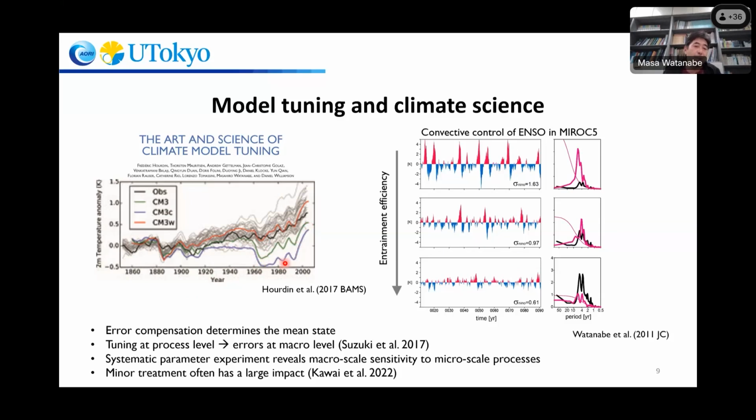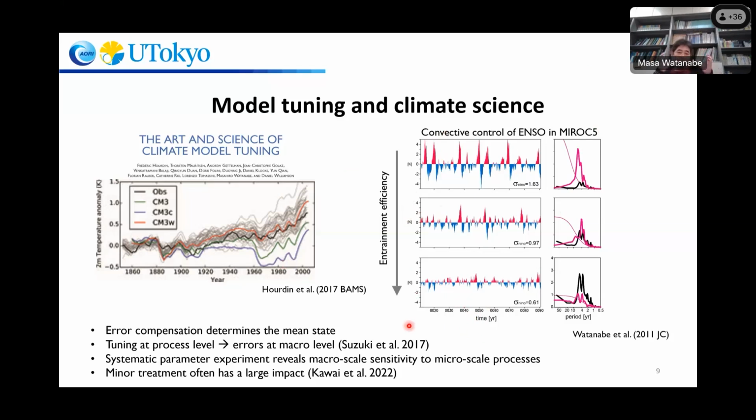And modeling people are aware that the errors in the model tend to compensate each other to determine the model mean state. On the right, this is taken from my own paper many years ago, demonstrating that the large-scale model variability, the ENSO in this case, can be controlled by perturbing a single parameter in the convection scheme.